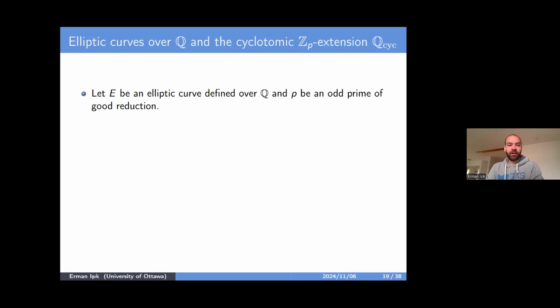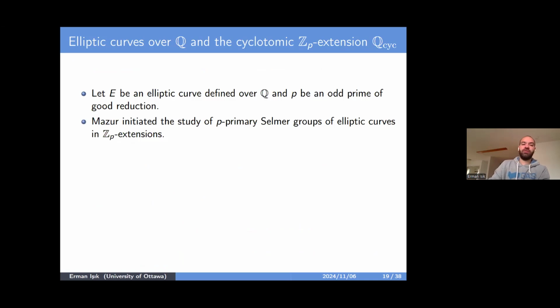Okay, so I will now be mentioning the known cases regarding the behavior of the Tate-Shafarevich group over the cyclotomic Z_p extension of Q. So let's say we have an elliptic curve defined over Q, and let's fix an odd prime of good reduction.